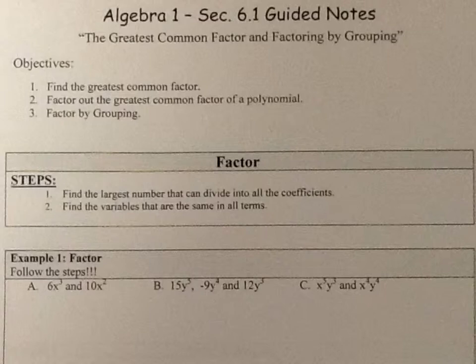You can see this first section is called factor. It's really finding the greatest common factor, which is also known as GCF. You have a couple of steps.